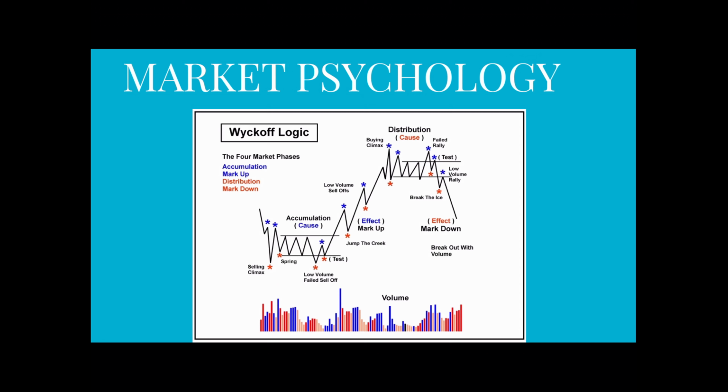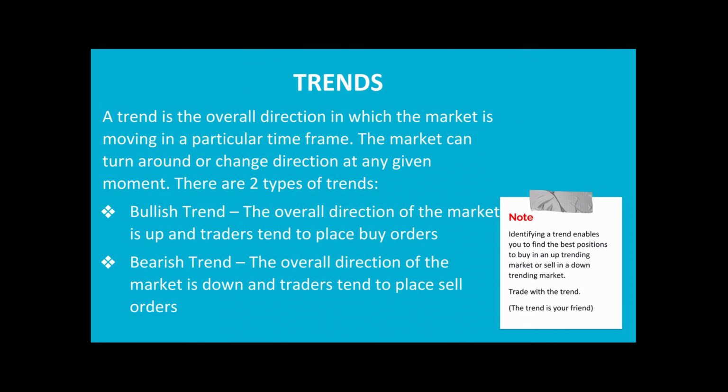So once you look at any chart, you should be able to map out this market psychology. Once you get your eyes in tune to reading charts, you'll be able to see this pattern and therefore anticipate it. So let's talk about trends.